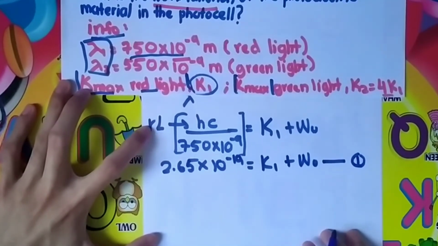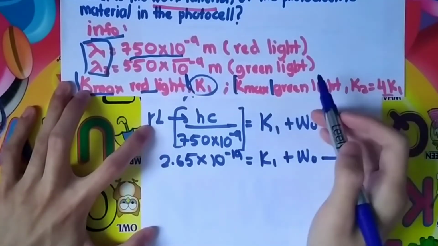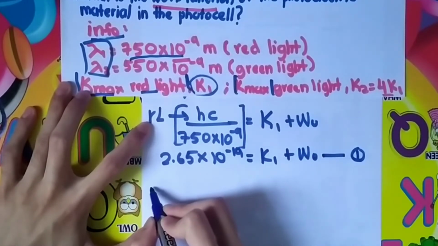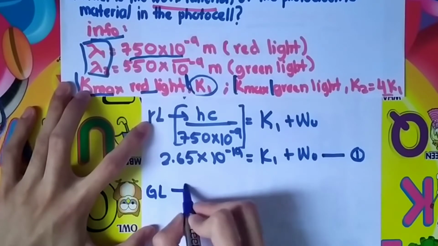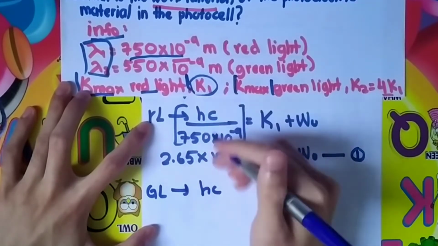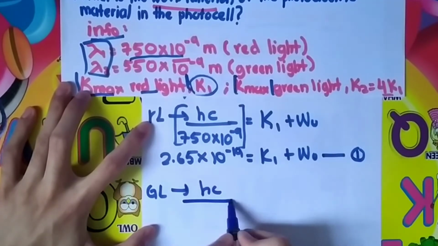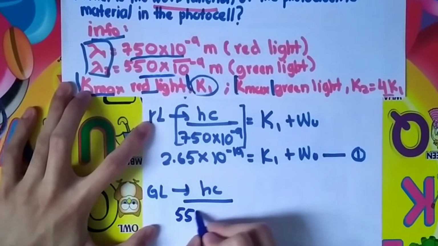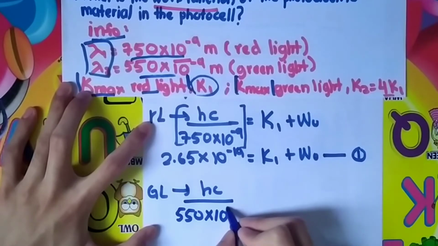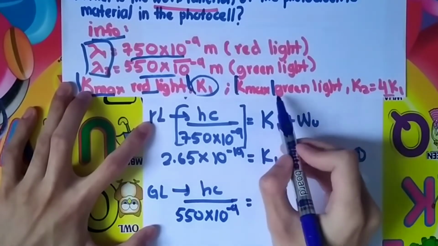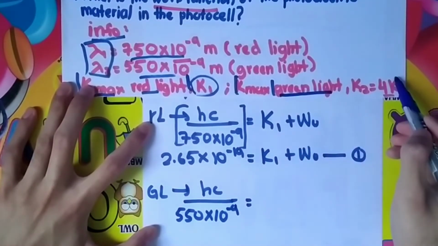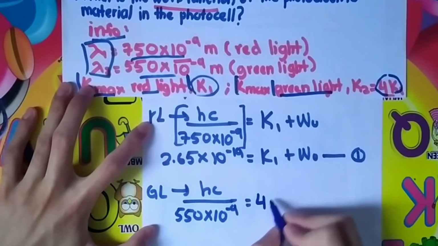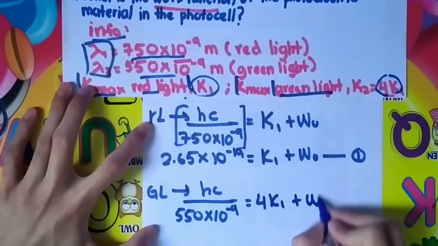The second equation is for green light, so I write it as GL. We use the same formula as just now. Lambda for green light is 550 times 10 negative 9, and Kmax for green light is 4K1, plus W naught.